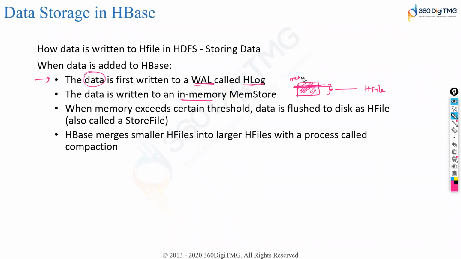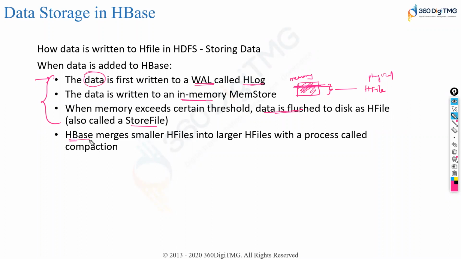This is the memory block, this is the physical file block. So data gets flushed to the disk. It is also called a data file or store file. This is how the data gets written: first to memory, then to the physical file.